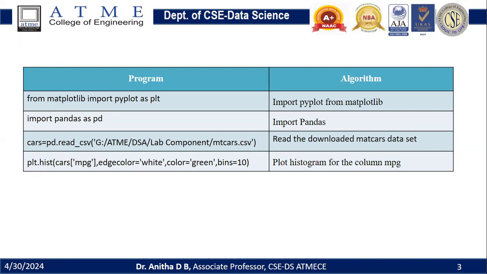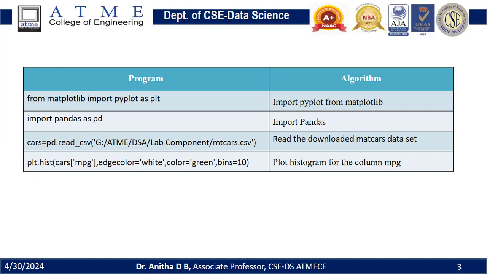Then edge color is equal to white, color is equal to green, and bins is equal to 10. So while plotting the histogram along with that variable, we need to give some extra parameters. That is edge color is equal to white, that is from one part to another part, there is a separating line in white color.